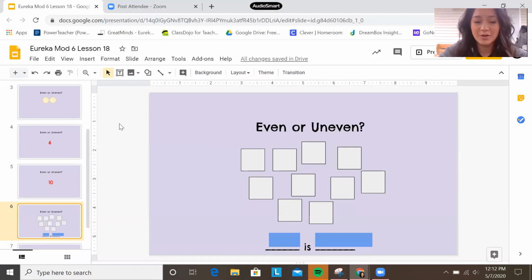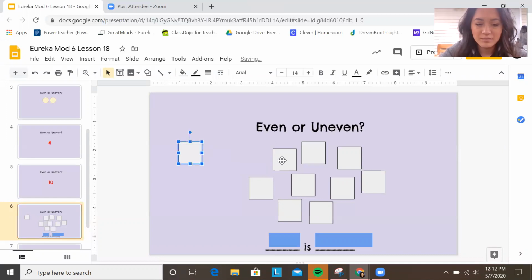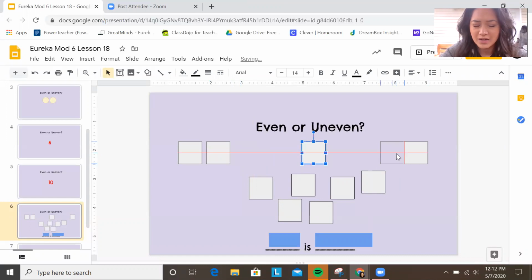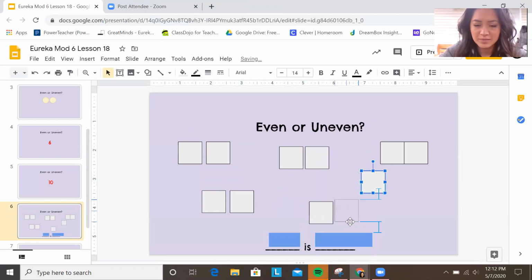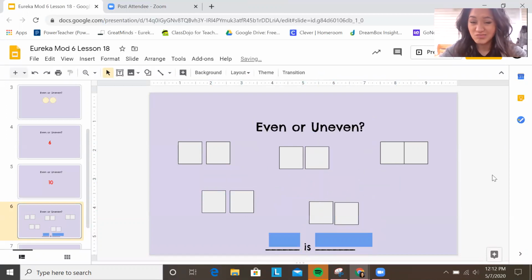They'll always have a pair. So let's see. Here's a pair. Here's a pair. Here's a pair. Here's a pair. Does everyone have a partner? Yeah, that means it's even. There is no one left out, so it's even.